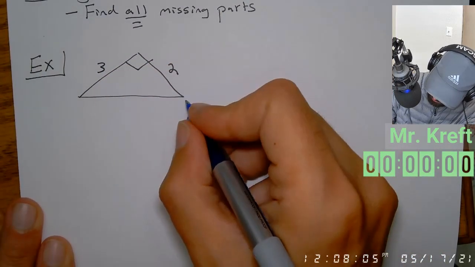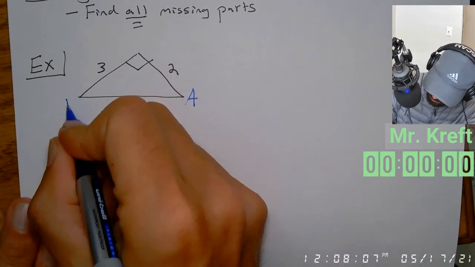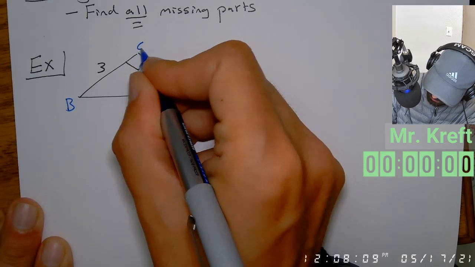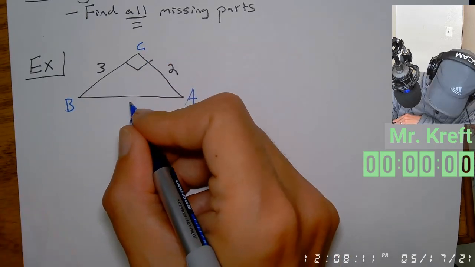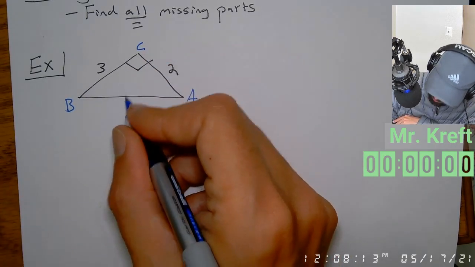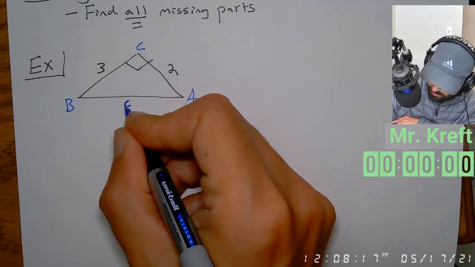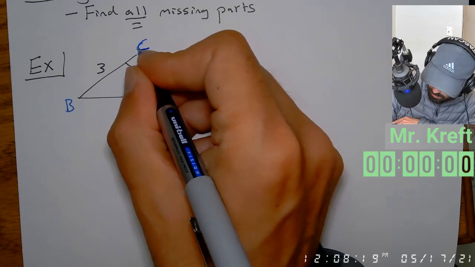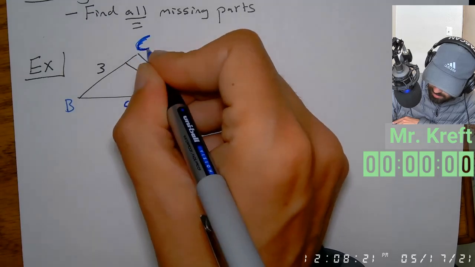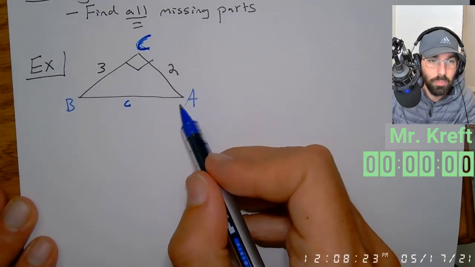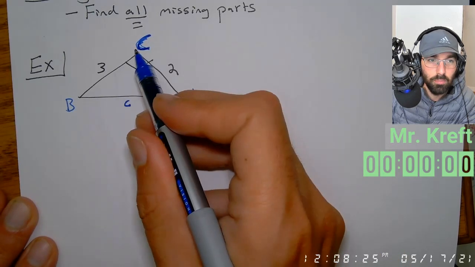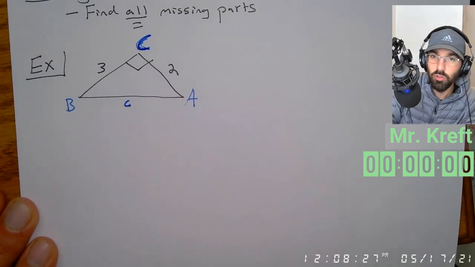So we're going to say this is big A, big B, big C, and then this side, remember how opposite sides are connected? We're going to call this little c. And I know that's really hard, but it is the notation that mathematicians use. So I have big A, big B, big C, little c.